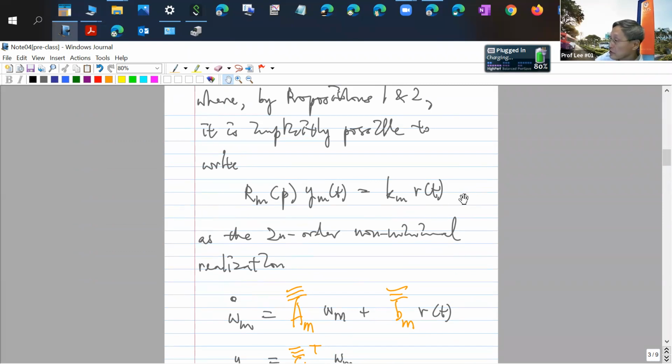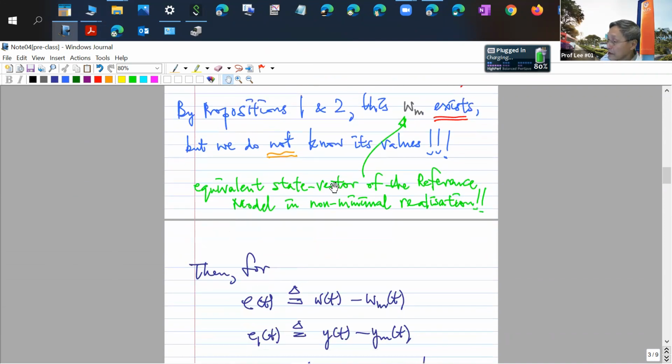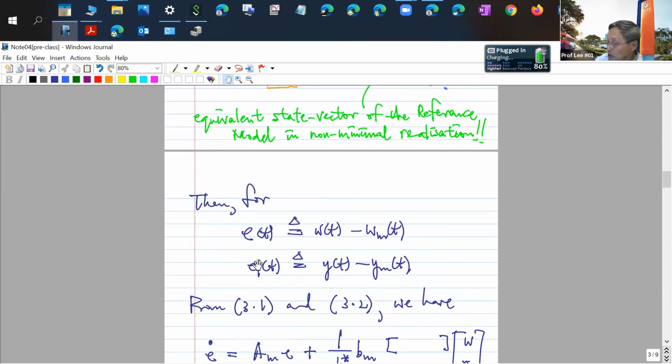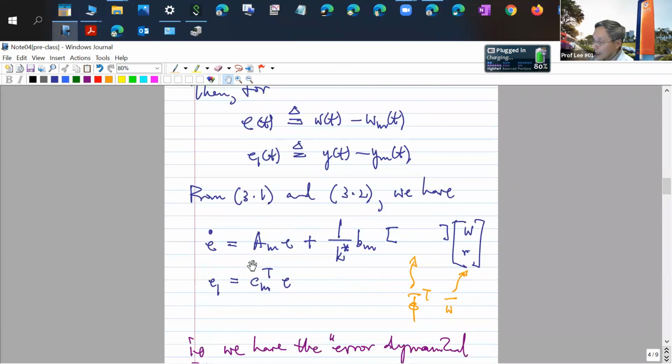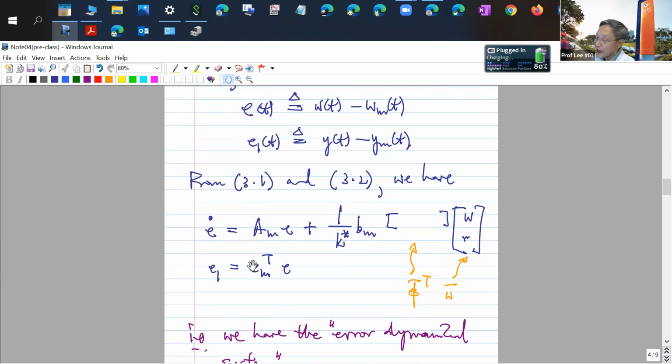So this is what you generate. So ym you have, and therefore e1 I totally have. With this, and with strict positive realness, I will be able to properly show that indeed I can have that beautiful, elegant adaptation.